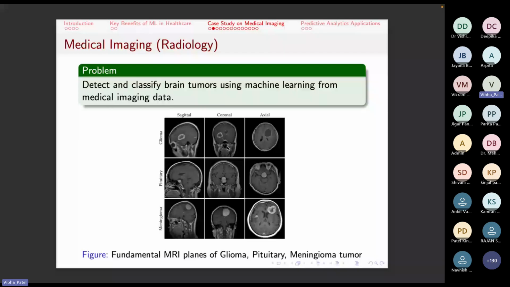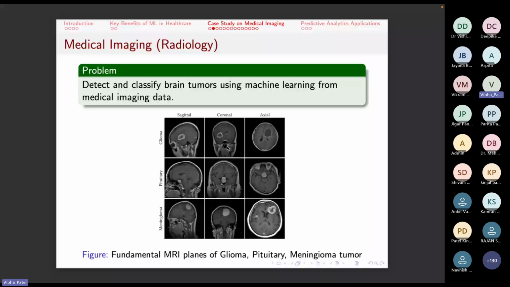The probability that a person is suffering from cancer is high if the tumor has been detected in the category of glioma. Pituitary and meningioma are different.